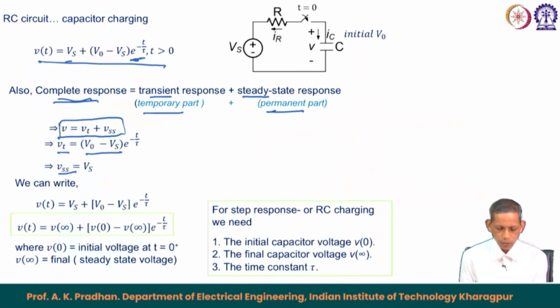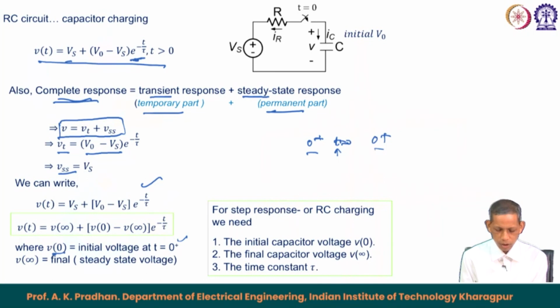Therefore, we say that V t equals V s plus V naught minus V s times e to the power minus t by tau, which we can represent as V t equals V infinity plus V naught minus V infinity times e to the power minus t by tau, where V naught is the initial voltage at t equals 0 plus, if the switching happens at t equals 0. So this is 0 minus and this is 0 plus. The voltage across the capacitor does not change instantaneously.